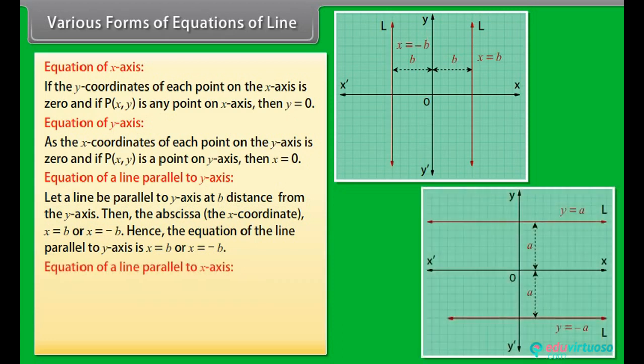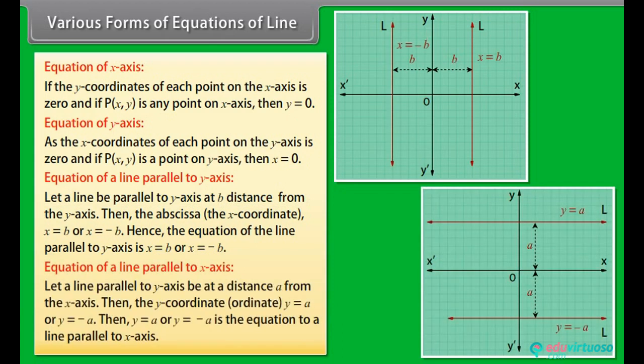Equation of a line parallel to x-axis. Let a line parallel to the x-axis be at a distance a from the x-axis. Then the y-coordinate is y = a or y = −a, which is the equation of a line parallel to the x-axis.